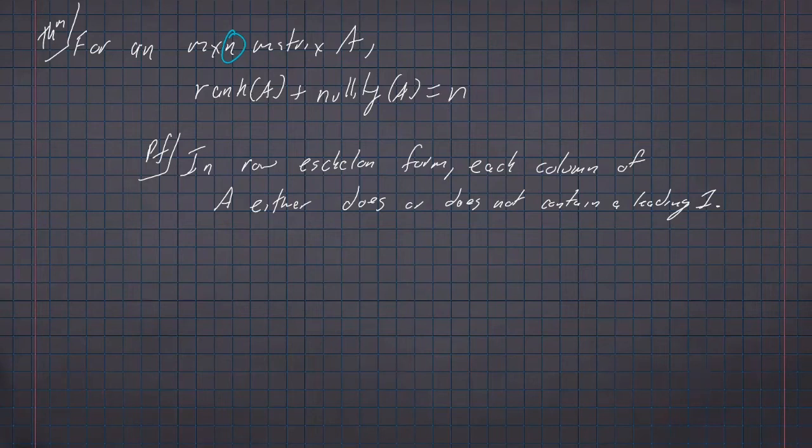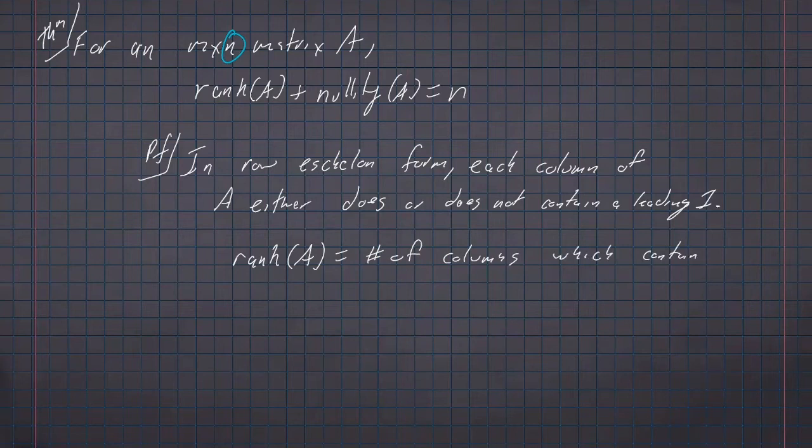And the reason for that is that in row echelon form, each column of A either does or does not contain a leading one. And the rank of A is the number of columns which do contain a leading one in your row echelon form.